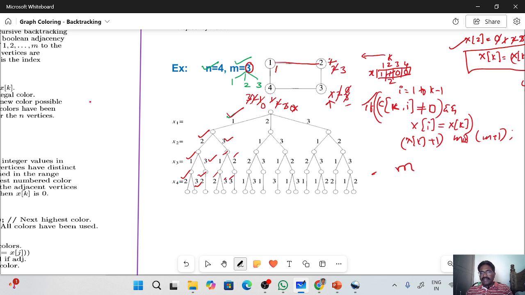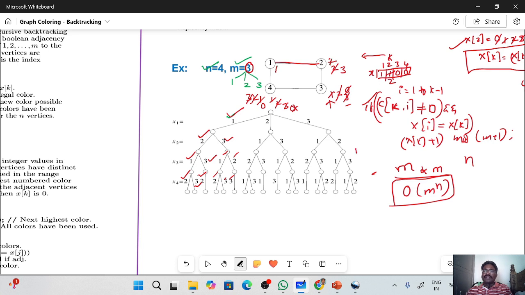For the second vertex, the same m. Worst case I am talking. So how many nodes do we have? N nodes. Each one produces another m possibilities, m into m and so on. How many times? N times. What is the time complexity for the worst case? Order of m power n.